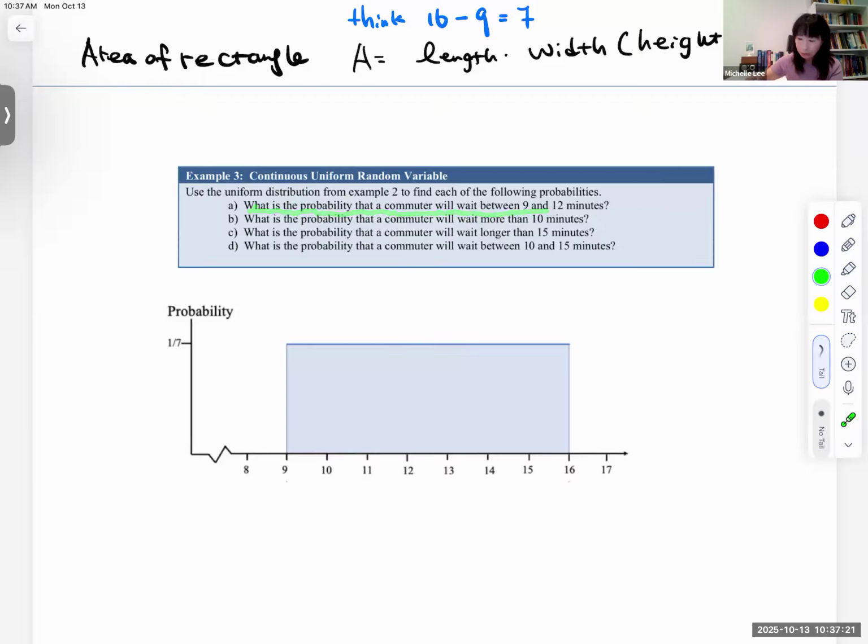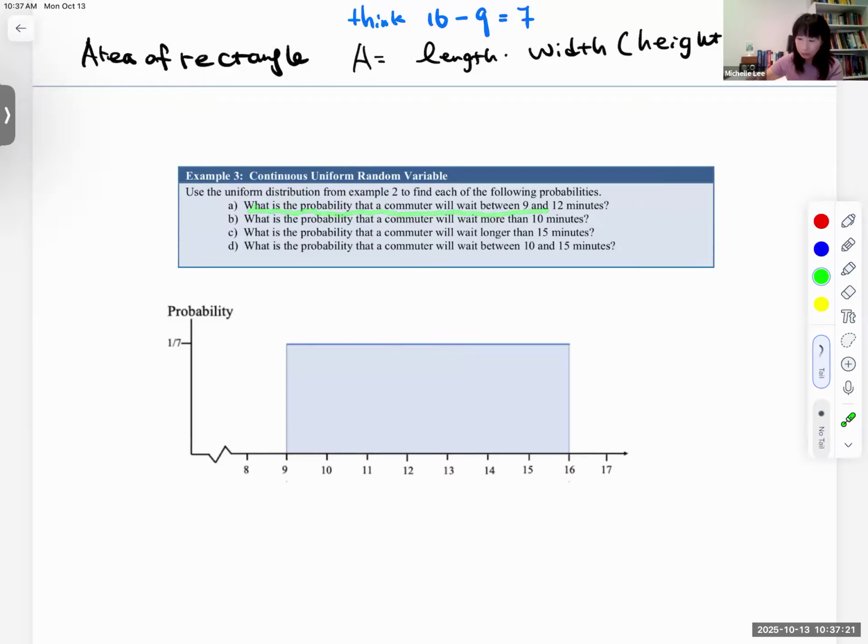From 9 to 12, 12 minus 9 is a 3, and the height is 1 over 7, which we had earlier. So 3 times 1 over 7 is 0.4286. Good.